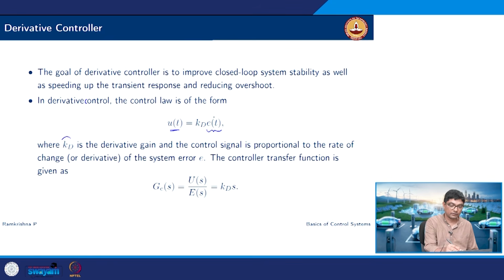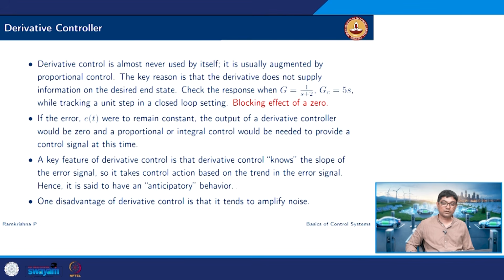and then there is a gain which is called the derivative gain, and therefore it comes with a transfer function of Kd times s. The derivative control is never used by itself, it is usually augmented by a proportional control, so you have Kp plus Kd s. The key reason is that the derivative control does not give information on the desired end state.